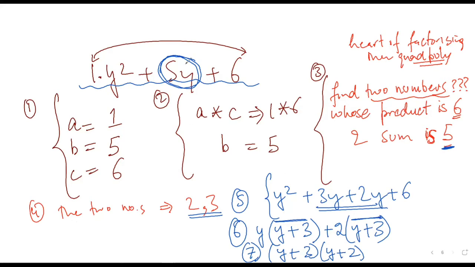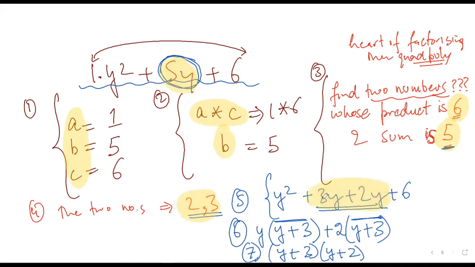But let us revise how to factorize a quadratic polynomial. So step 1 is always write A, B, C. Step 2 is find the product of A into C. So always write A, C and B. Step number 3 would be find two numbers whose product is 6 and whose sum is 5. Then once you have those two numbers, you will split the middle term as a sum of those two numbers.